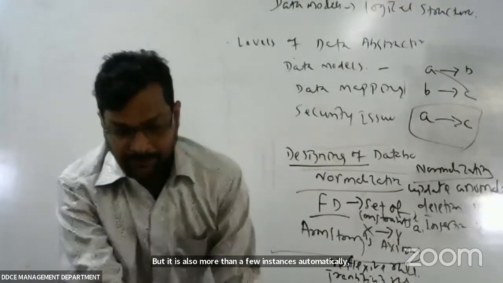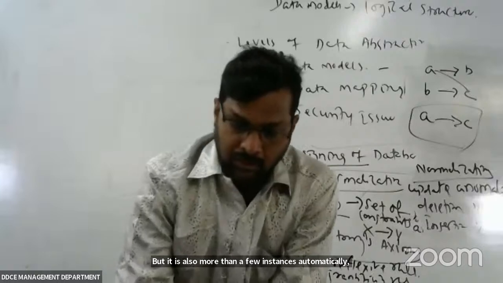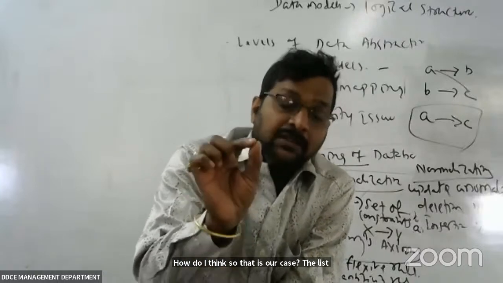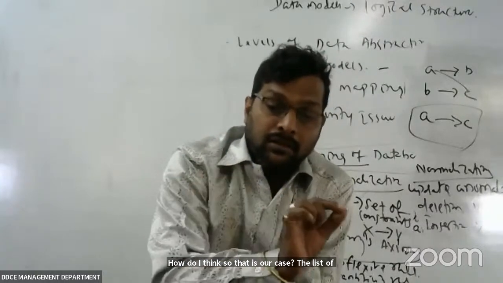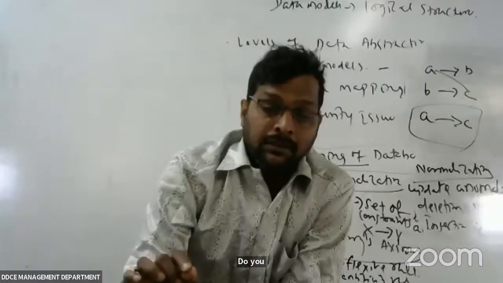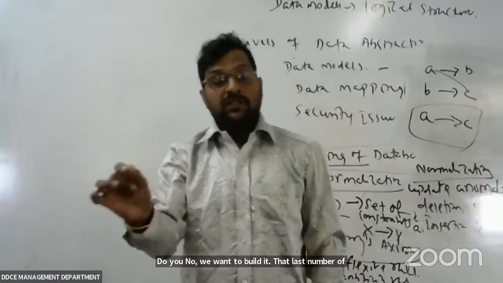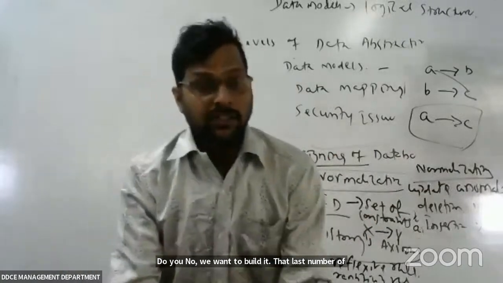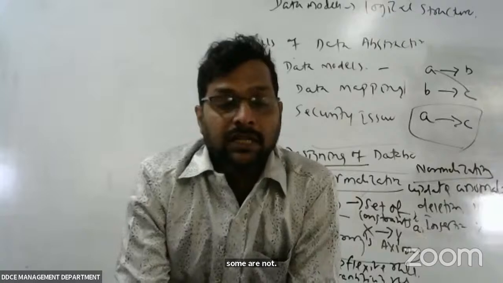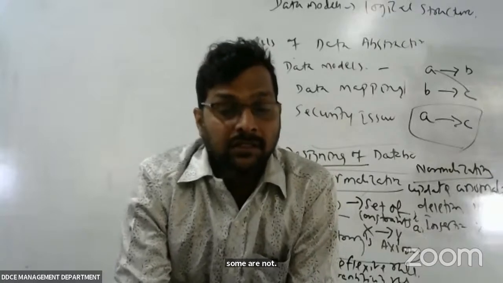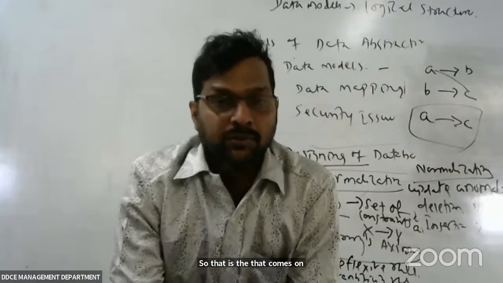Deletion anomalies. Deletion anomaly means we want to delete, and there are a large number of related records to be deleted. Some are deleted, some are not, because the database design is not appropriate.